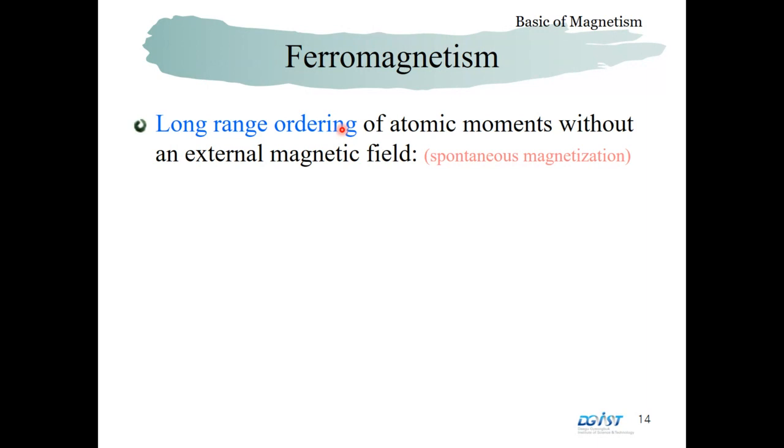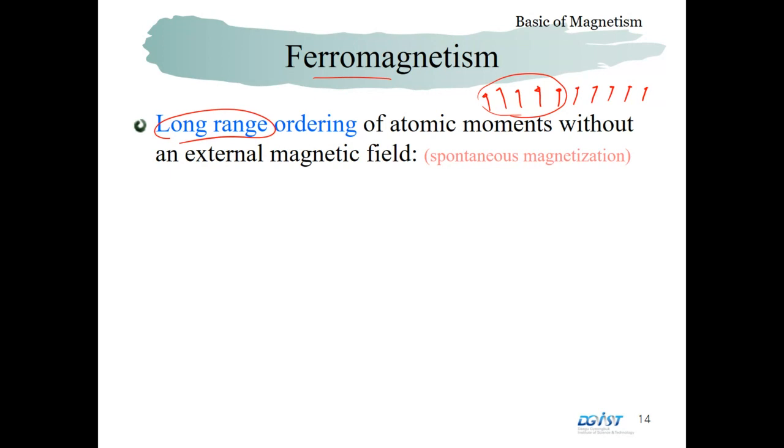And long range, on an atomic scale, means across tens or hundreds of atoms. So one spin points in this direction, and the other one points in quite a similar direction. That's called long range ordering. If they order only over a very small length scale, like a few atomic distances, that's called short range ordering. But in ferromagnetism, we are talking about long range ordering.